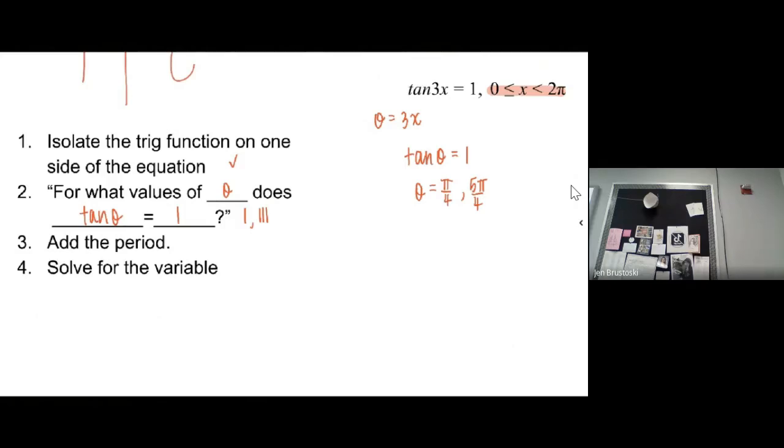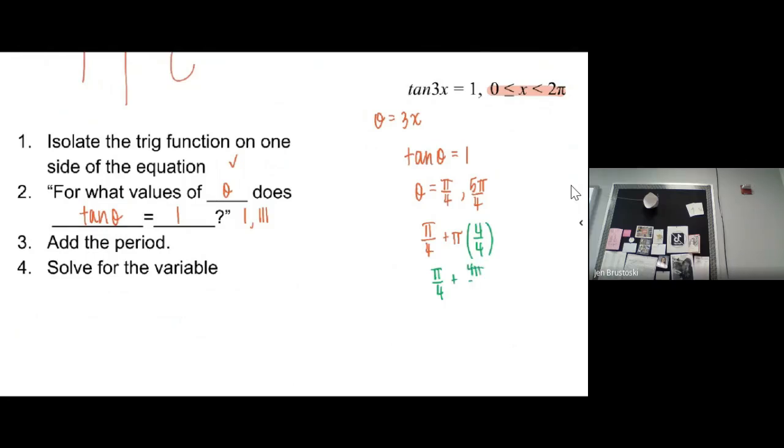Now, before we move on, I want to show you something. What's the period for tangent? Pi. So if I add pi to pi over 4, what do I get? Multiply by 4 over 4, so I have pi over 4 plus 4 pi over 4.